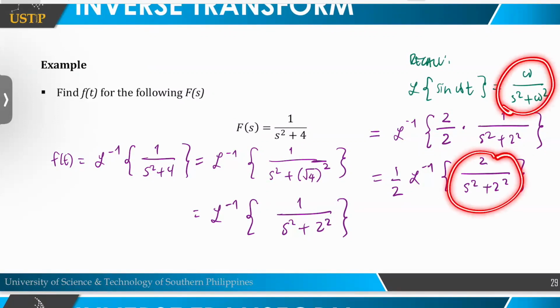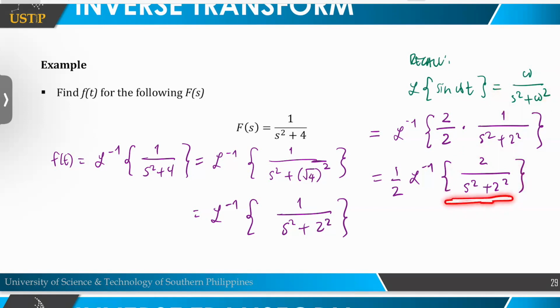That means we can get now the inverse Laplace transform of this expression. And that is equal to, copy 1/2, that is sine. Now, ang sine daw, class, ang ato daw function is the sine of omega t. So, ang omega na to is 2 man, di ba? Which is this one. 2, 2. Okay? Consistent. So, that means atong sine is 2t. Okay? Now, this is our f of t.